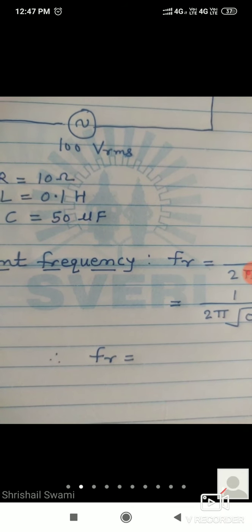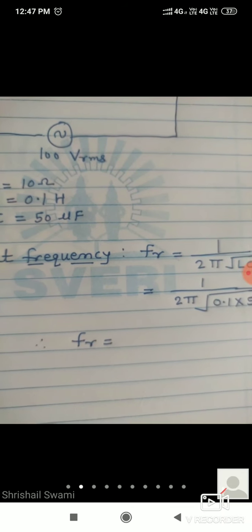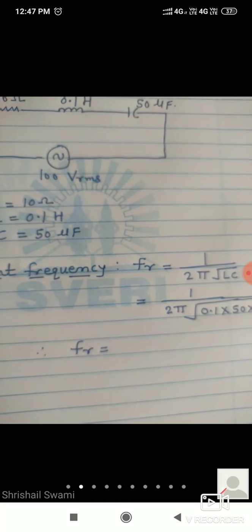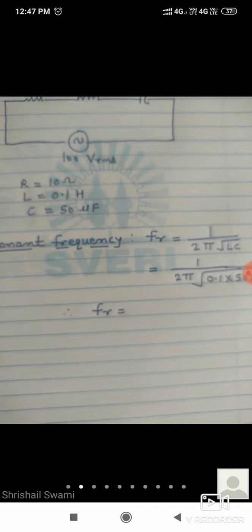What is the answer of FR? Okay, very good. So FR value is 71.17 hertz. So this is the answer of resonant frequency.